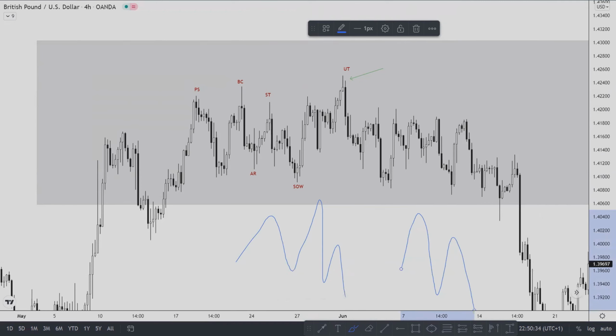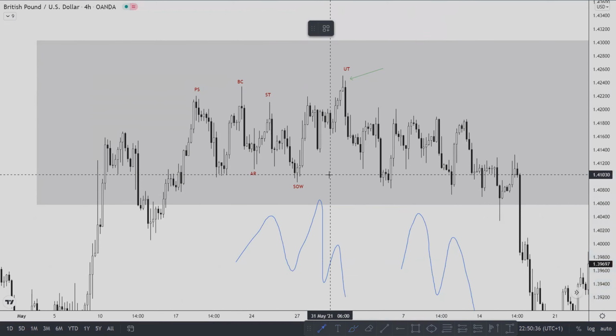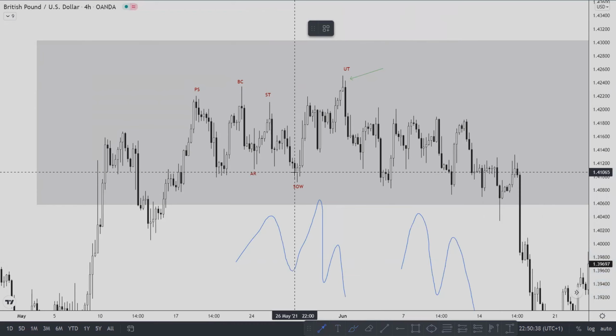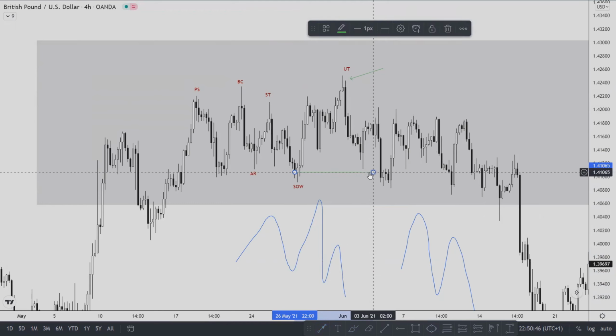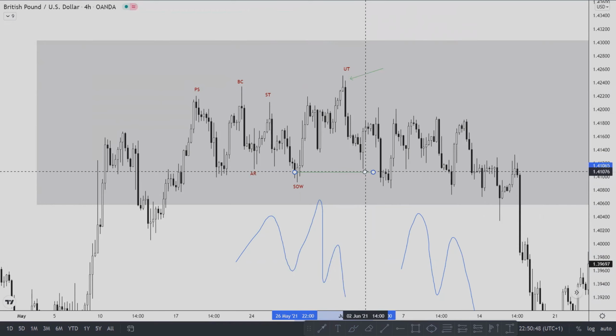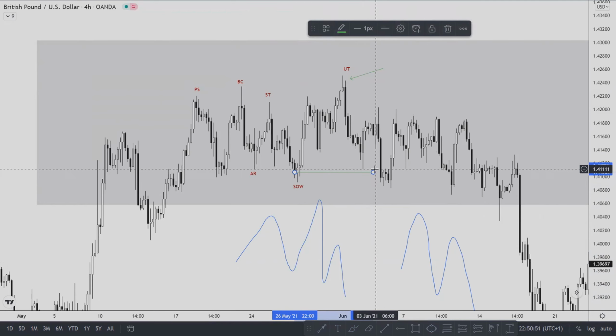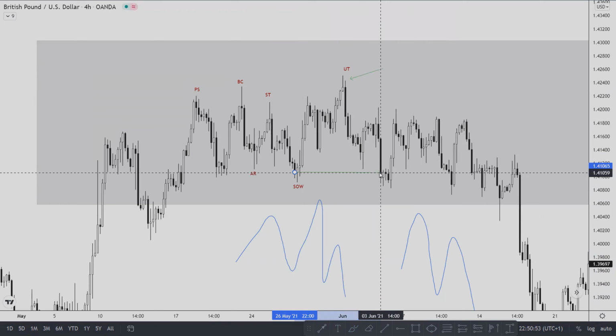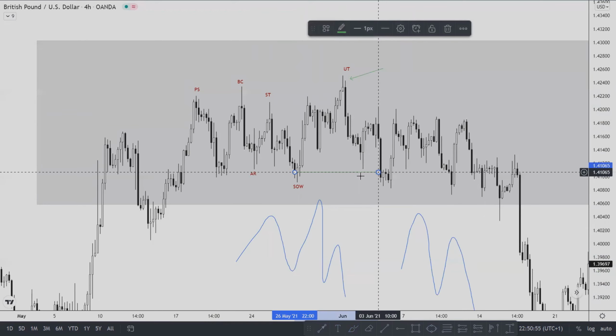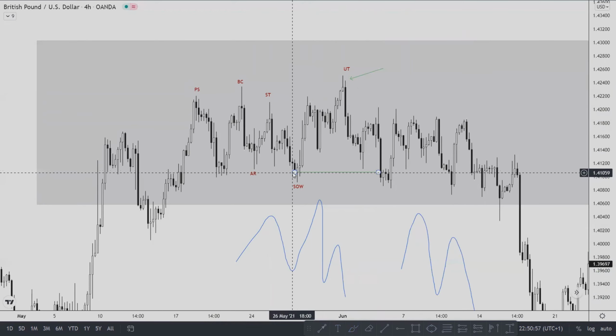And in this scenario, we can see clearly our structure is the lows. Sorry, the candle closes. So the candle bodies, not the wicks. So this clearly goes below or closes below this low here.